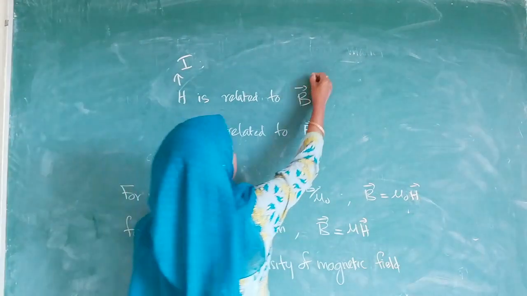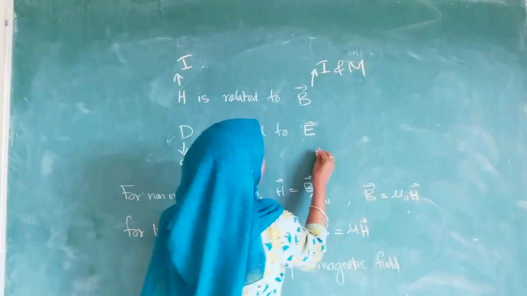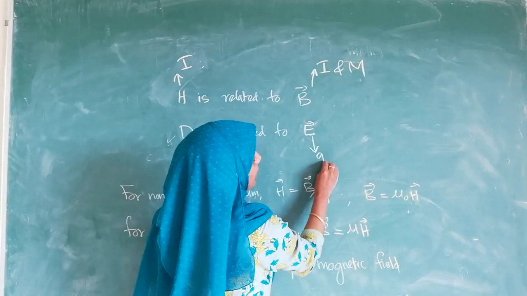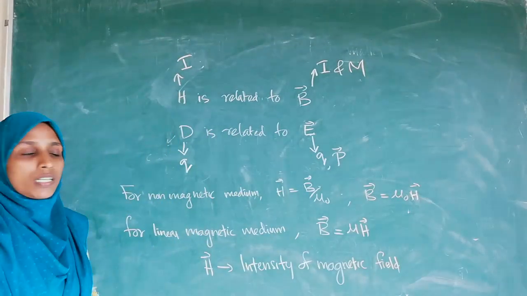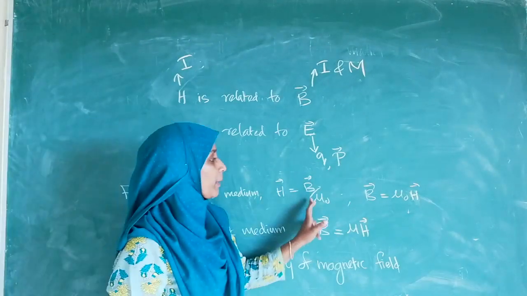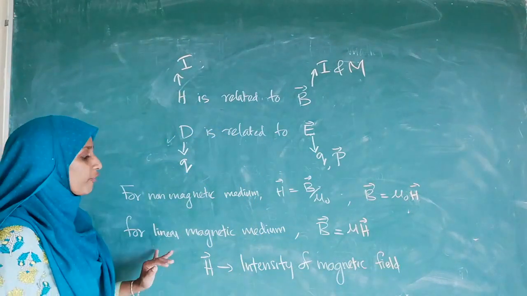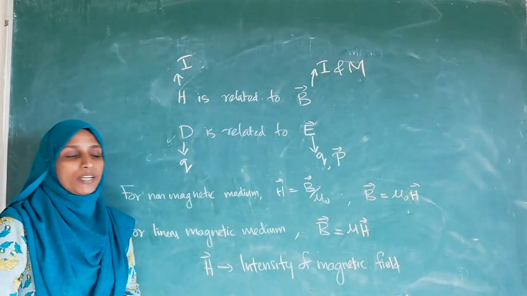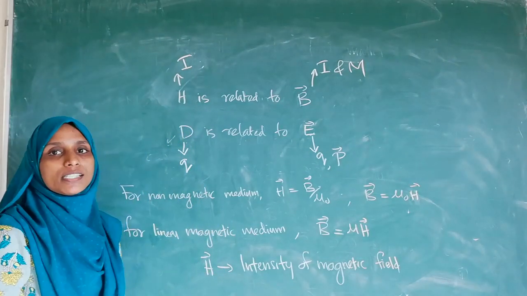But B depends on the currents and the magnetization, and E depends on the charges and the polarization in that medium. For non-magnetic media, H is equal to B/μ0, where B is equal to μ0 H. And for a linear magnetic medium, B is equal to μH, where H is the intensity of the magnetic field.